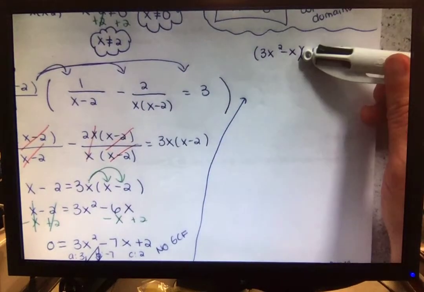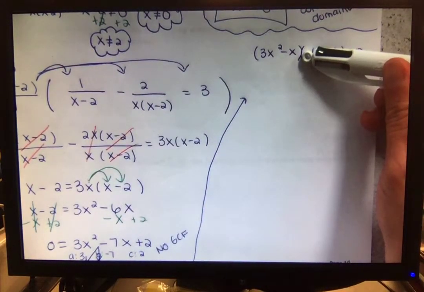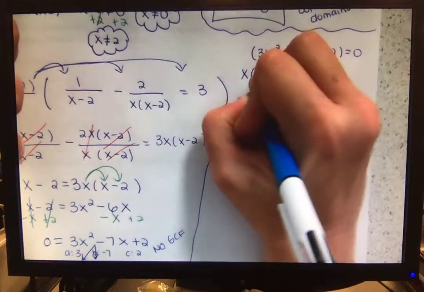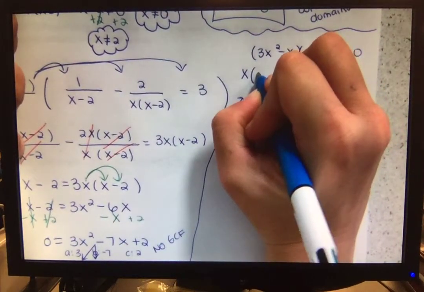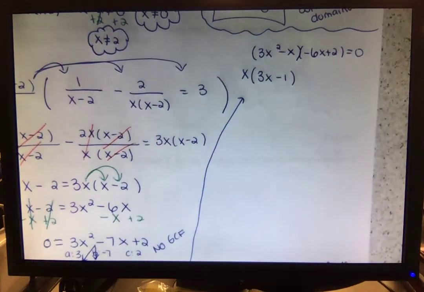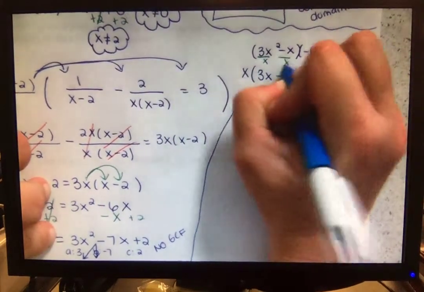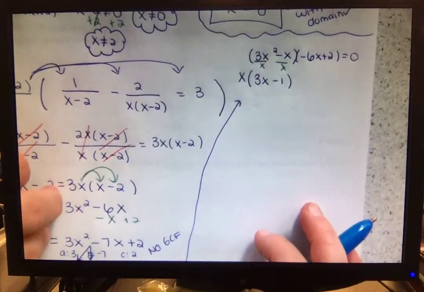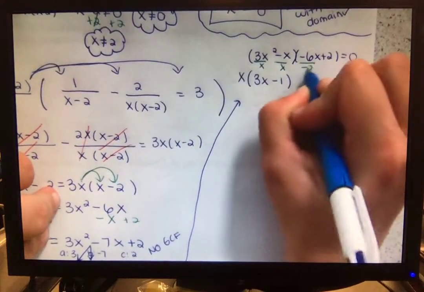Looking at our first two terms, GCF. X, factoring out of x, what's left over? 3x minus 1. Looking at our next two terms, GCF. I want 3x minus 1 to be left over. Negative 2.